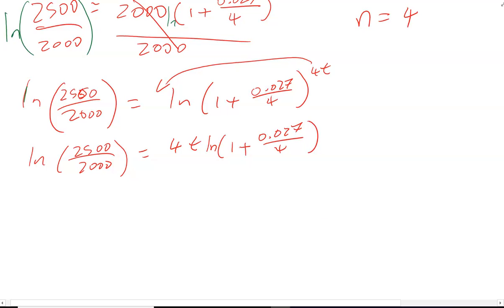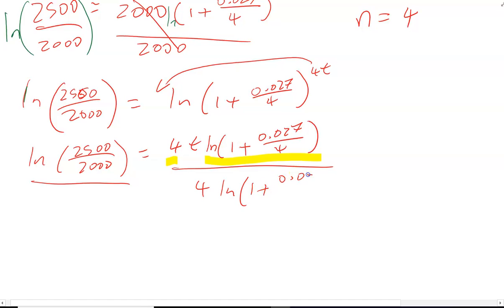Then we can divide everything by everything except t. So divide by 4 ln of 1 plus 0.027 over 4.